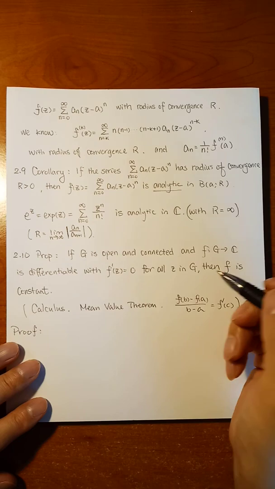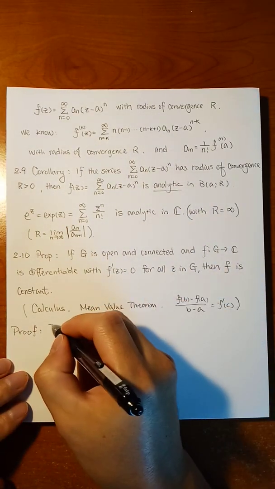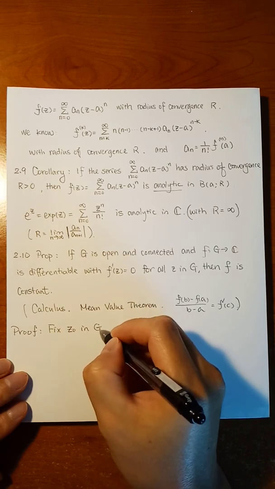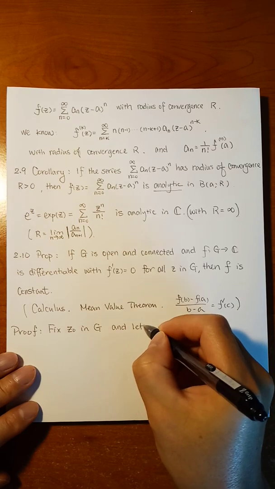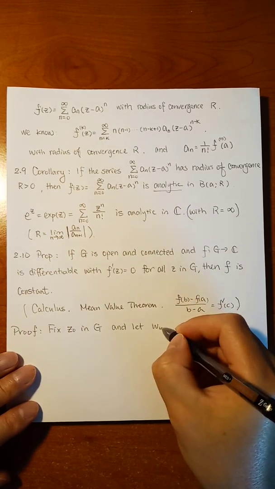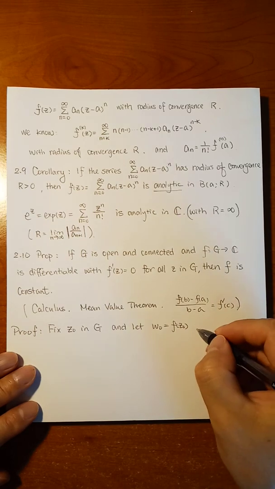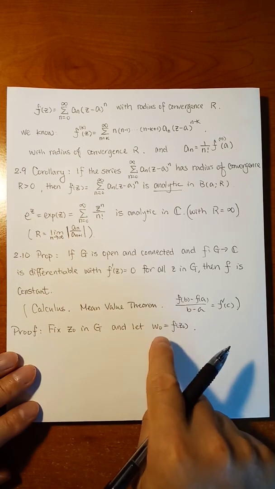Okay, so we are going to show it is a constant. We fix z0 in G, and let w0 be the value of the function at z0. Okay, we have one value. We're going to show f is always constant at this w0.